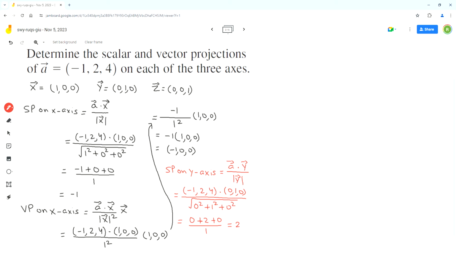Now we can calculate the vector projection. The magnitude of vector y is 1.